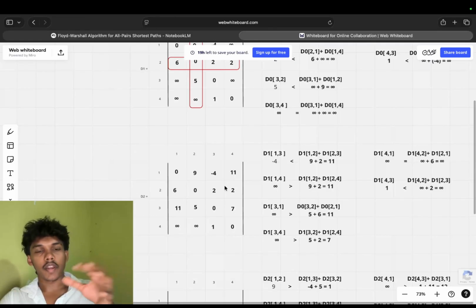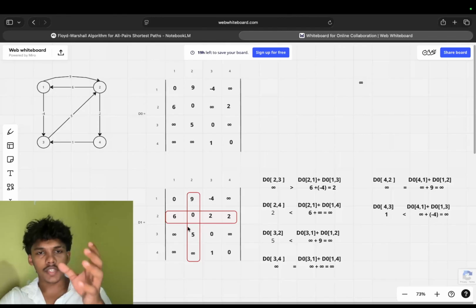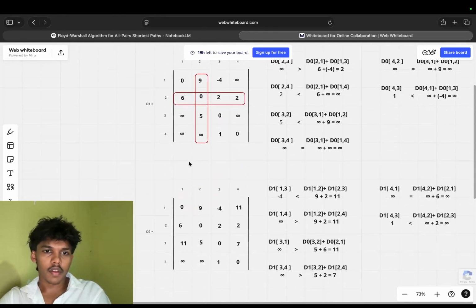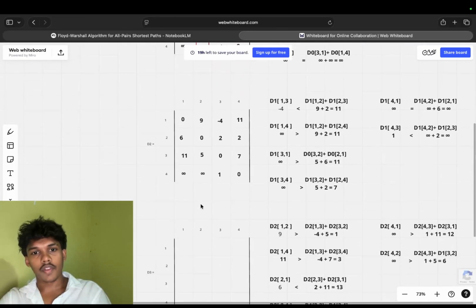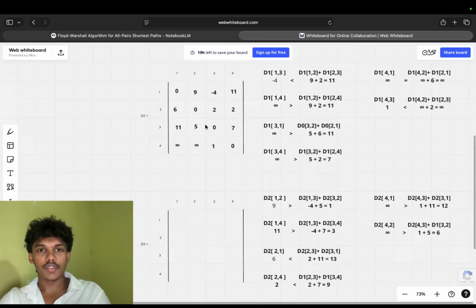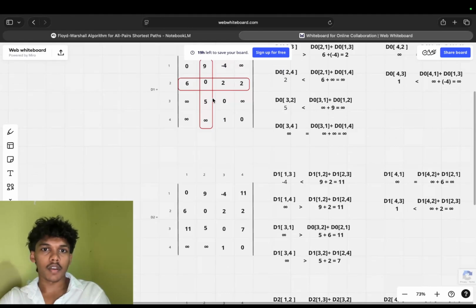Then we can move to creating our D3 matrix, where we choose the 3 as middle element. So as I mentioned before, to fill out D1 we refer D0, to fill out D2 we refer D1, to fill out D3 we will refer D2. So since we are choosing 3 as the middle element here, I will set the working column and working row as 3.